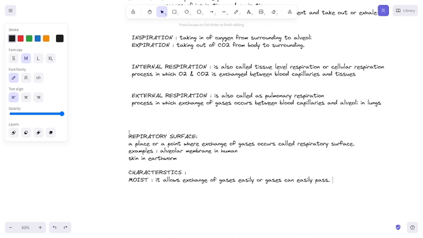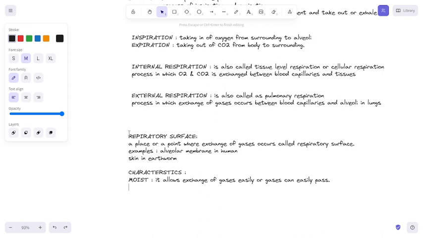Because if it remains moist, moist means liquidy, wet, it provides lubrication to the respiratory surface, by which it cannot dry. So this is also a reason why it should be moist. And for being moist, in the process of exchange of gases, gases can pass easily. जो gases होती है वो easily pass कर जाती है at the moist surface.